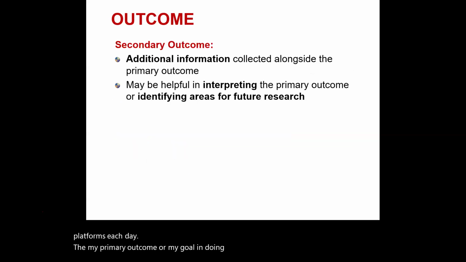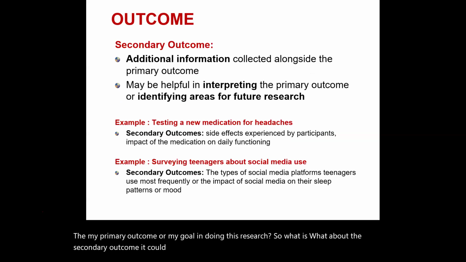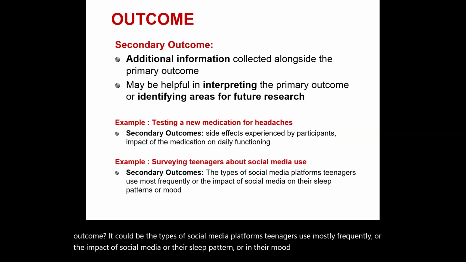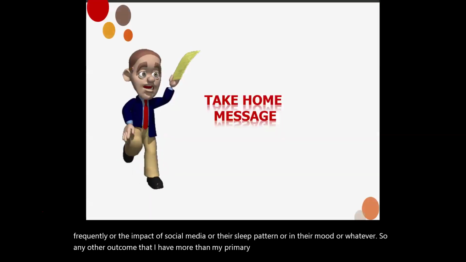So what about the secondary outcome? It could be the types of social media platforms teenagers use most frequently, or the impact of social media on their sleep pattern or their mood or whatever. So any other outcome that I have more than my primary outcome is considered the secondary outcome.